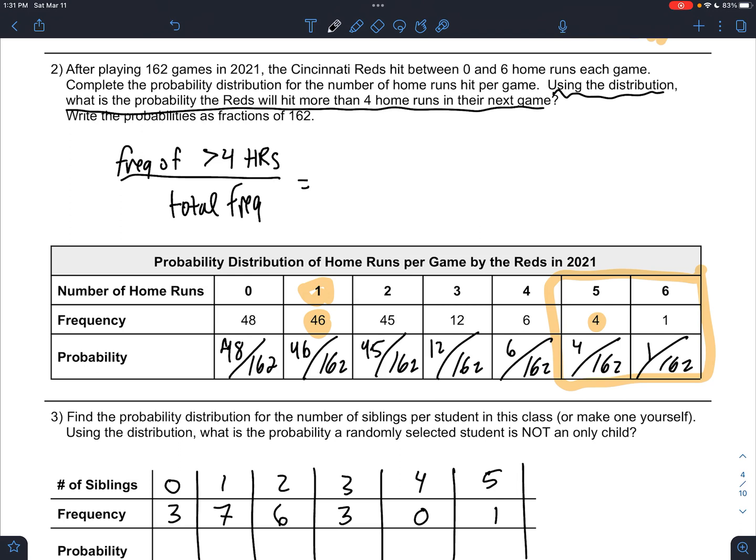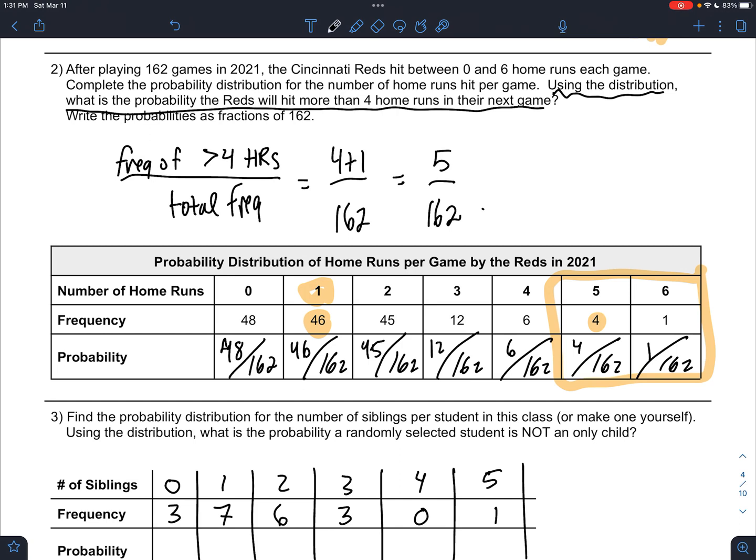And more than 4 is this category over here. So there were only 5 times where that happened. Okay? So that would be your probability that might happen.